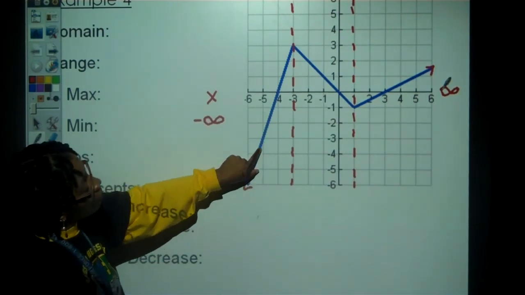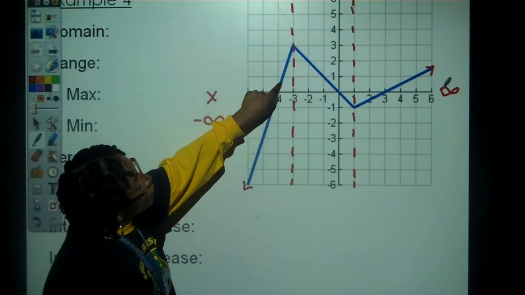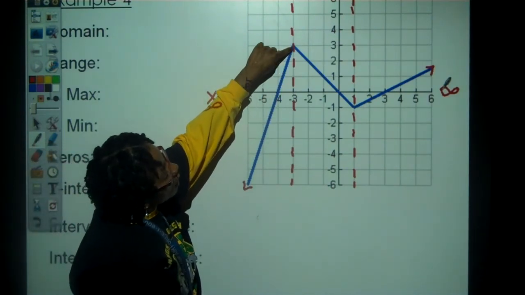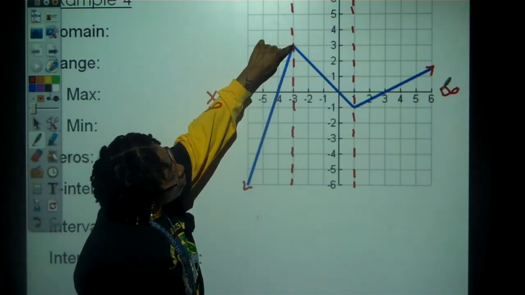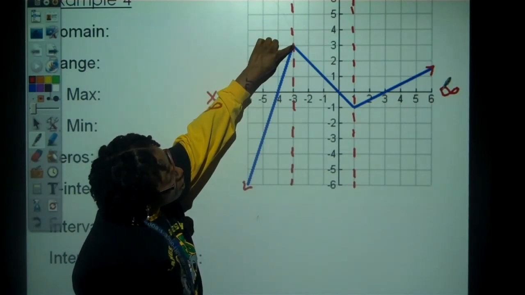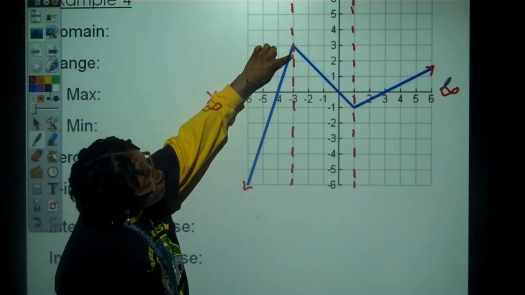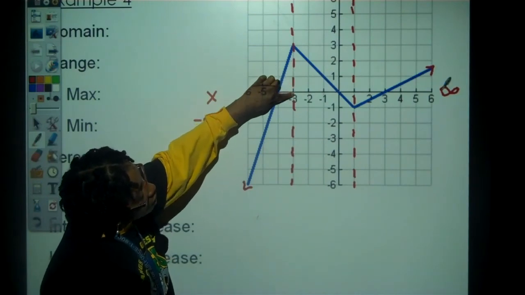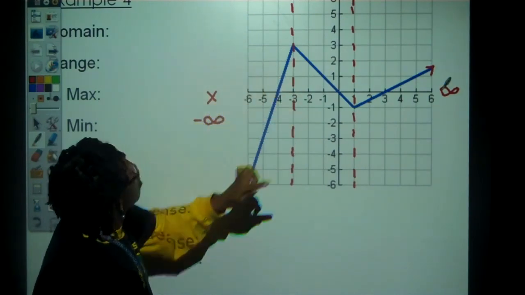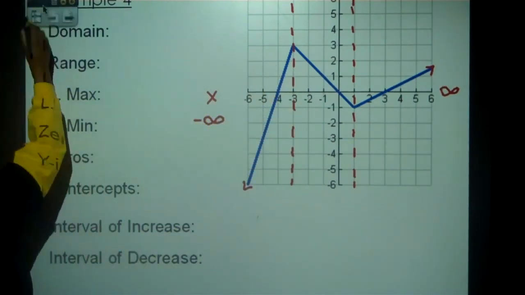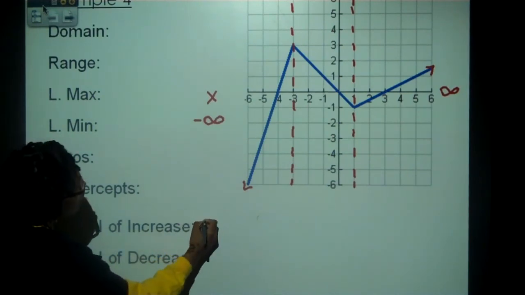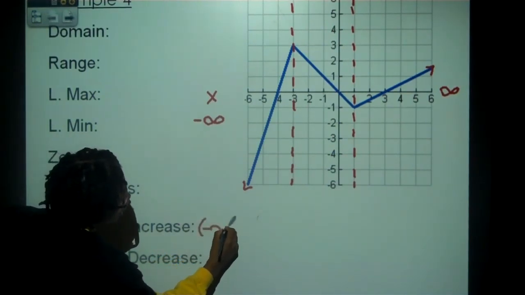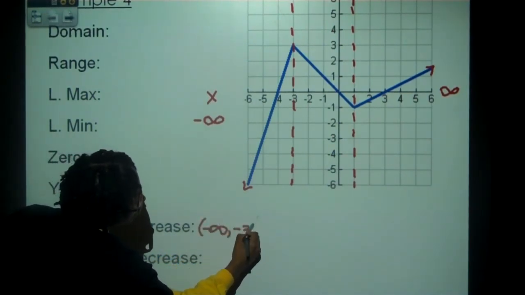It's increasing from negative infinity, and it changes direction here. Again, remember, I don't want to look at my y-axis, I only want to look at my x-axis. When I look at my x-axis, it increases till it gets to negative 3 here. So my first interval of increase is going to be negative infinity to negative 3.